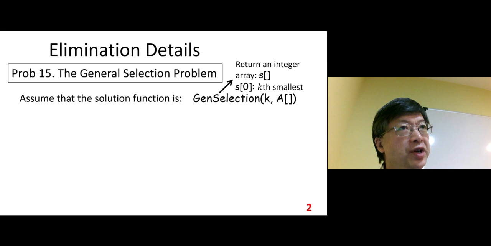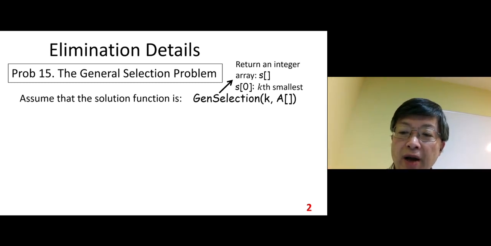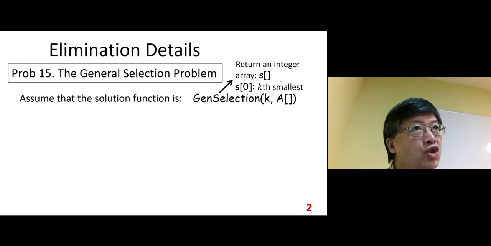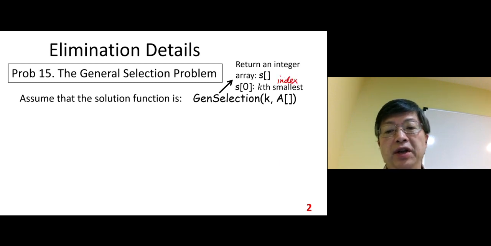First, S of 0: we store the kth smallest element. Here I didn't write the complete thing; it should be the index. We know an index is an integer.